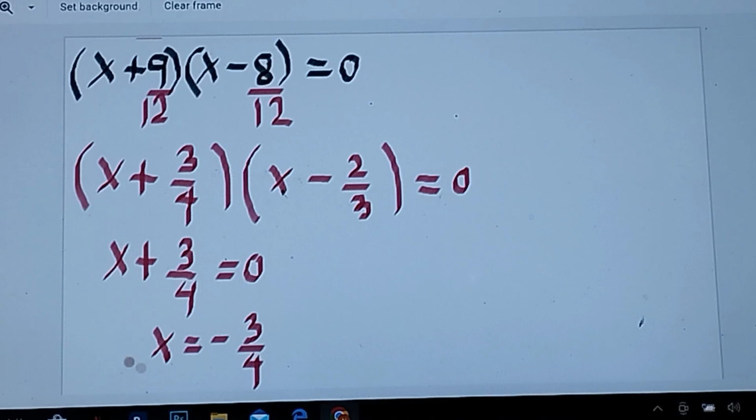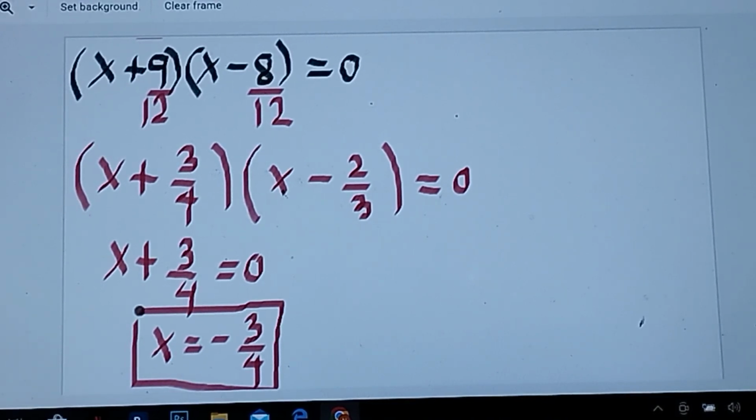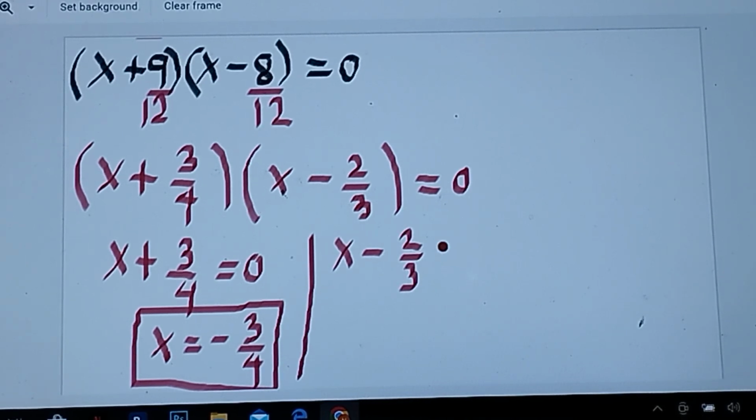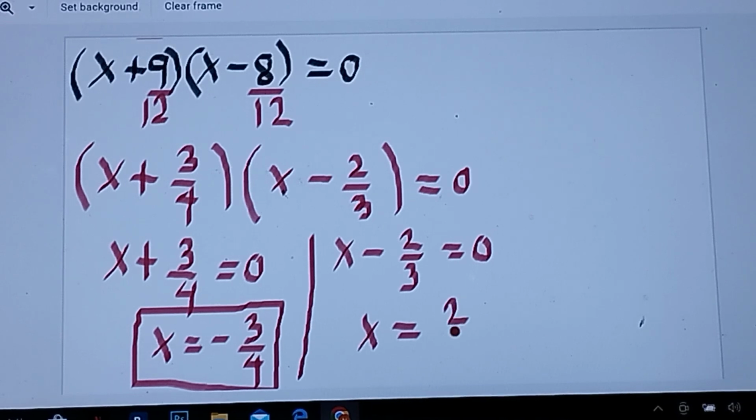So this is now one of the solutions. Next is x minus 2 over 3 equal to 0. So x is equal to 2 over 3.